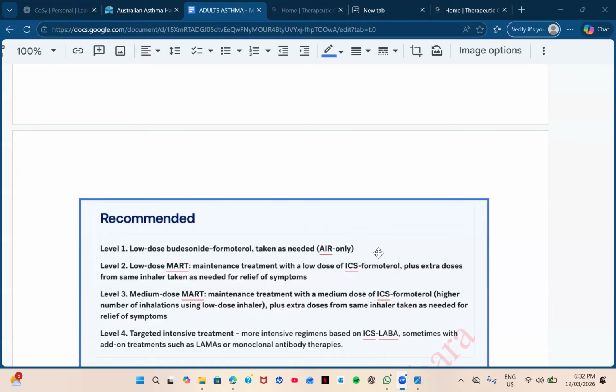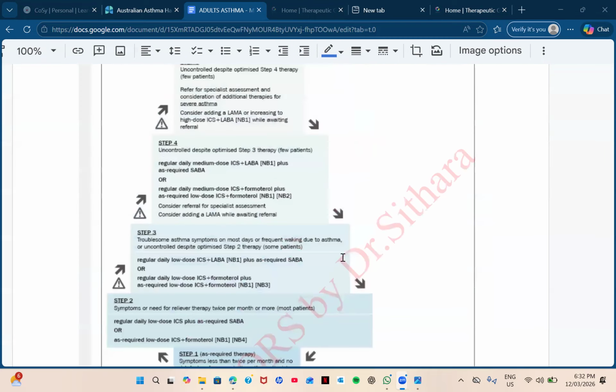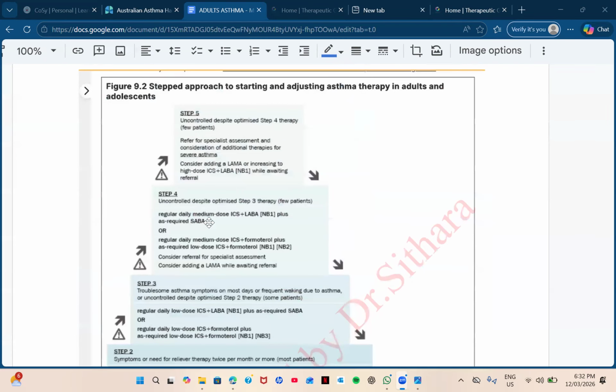In the guideline, they have mentioned everything inside this SMART therapy, like regular daily dose of ICS plus LABA plus as required SABA. They have not mentioned it as SMART therapy, that's why it seems very complicated.